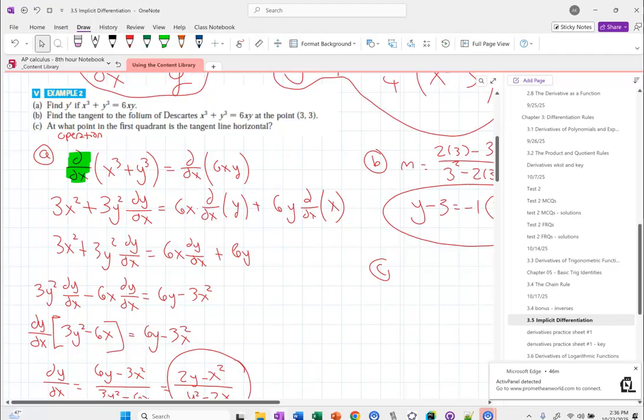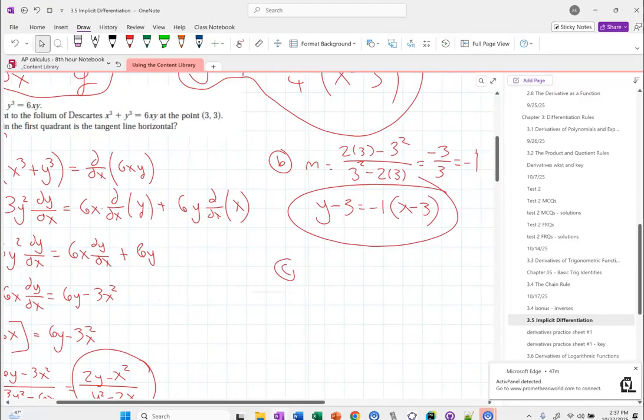All right. Part C says, at what point in the first quadrant is the tangent line horizontal? Horizontal means slope 0.